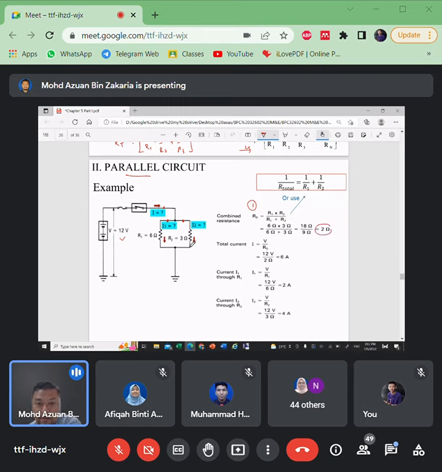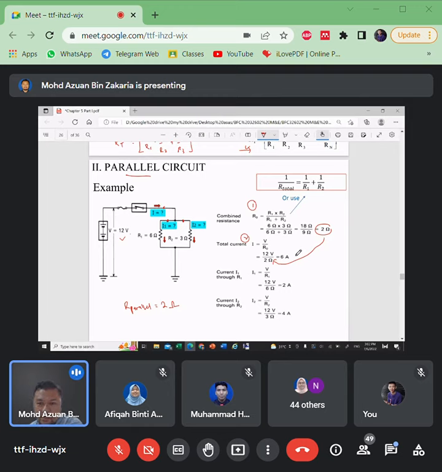So at this parallel circuit, the total resistance at parallel is 2 ohm. And then step number 2, we calculate the total current. 12 volt divided by 2 ohms, so the current is 6 ampere.